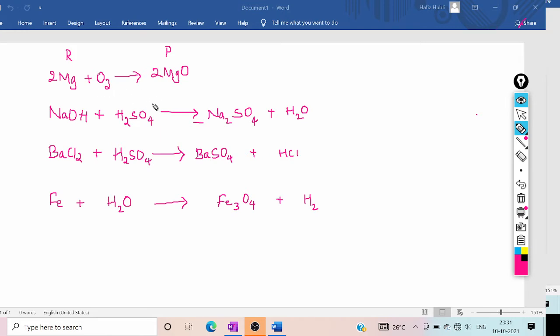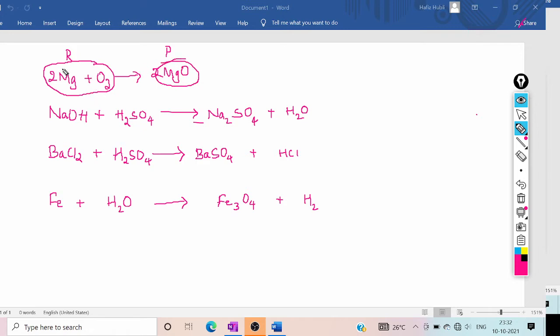Okay. Chemical equation is nothing but a symbolic representation of the chemical reaction, and it has two parts here, reactant and products. You can see here these are the reactants and these are the products.